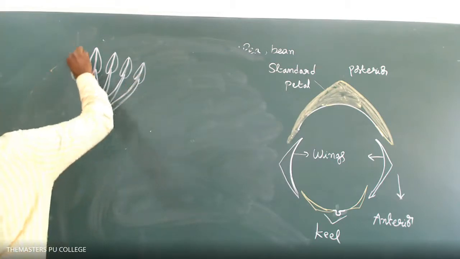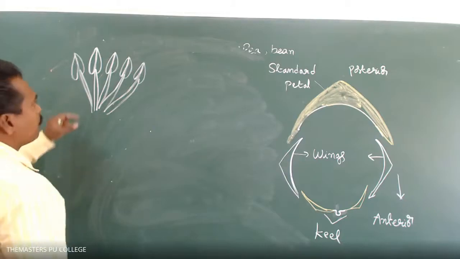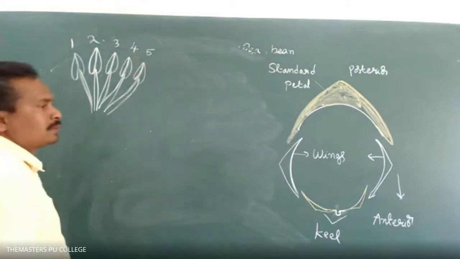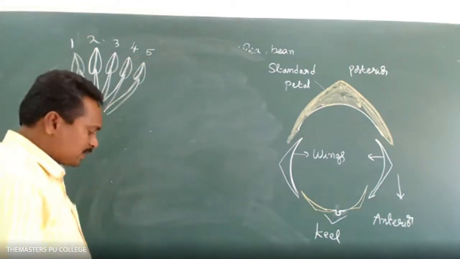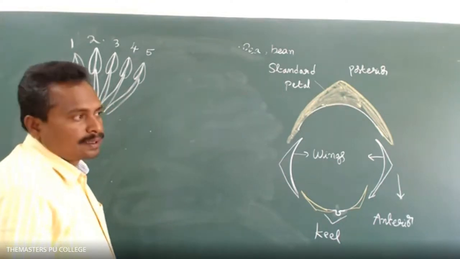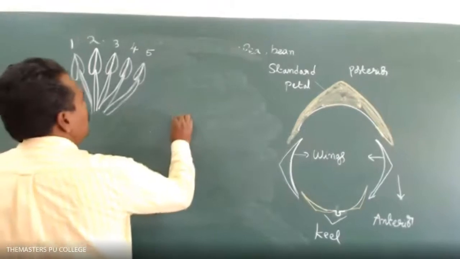Here I have drawn how many members? Five. One member, second member, third member, fourth member, fifth member. We already outlined the characteristics of angiosperms, the group of plants. Stamen is the male sex organ. Stamen is the male reproductive organ.